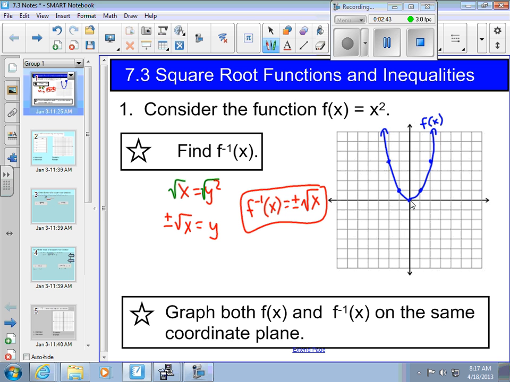If we graph the inverse, whatever number we put in, we want to take the square root of. So if we put in 0, square root of 0 is 0, and it would be plus or minus that, so it's just 0. If we put 1 in, square root of 1 is 1. So when we put 1 in for x, the result is positive 1, but it's plus or minus, so it also could be negative 1.